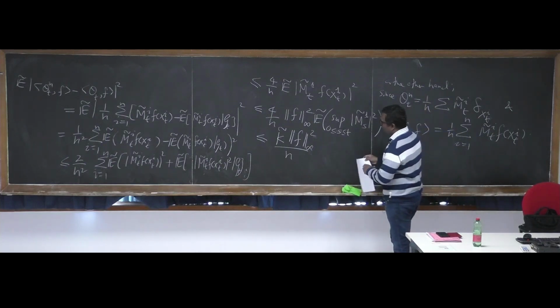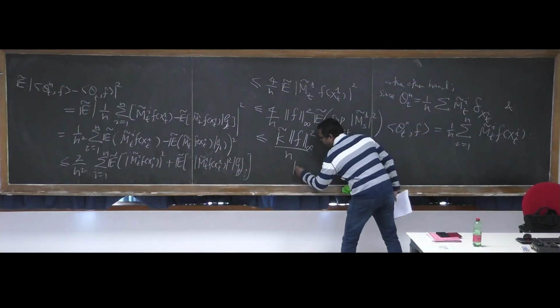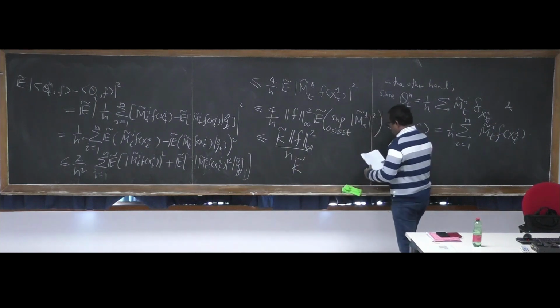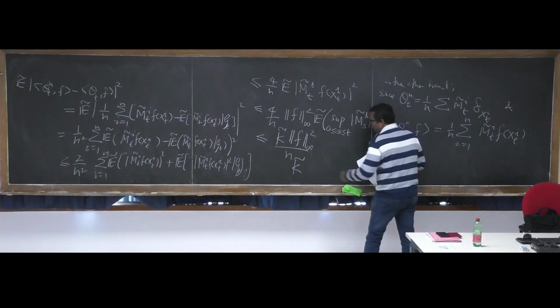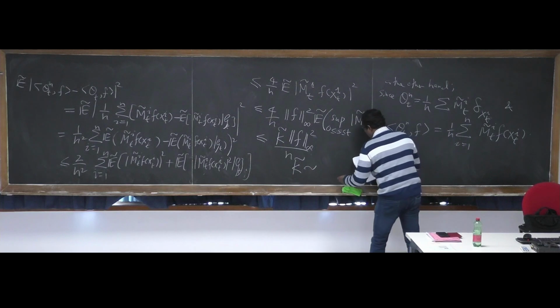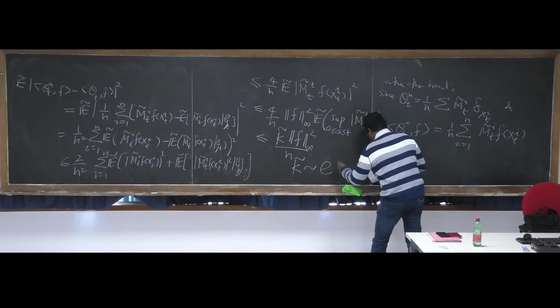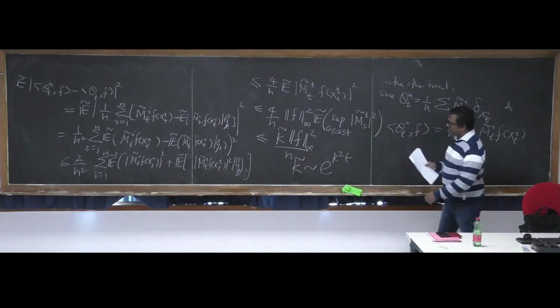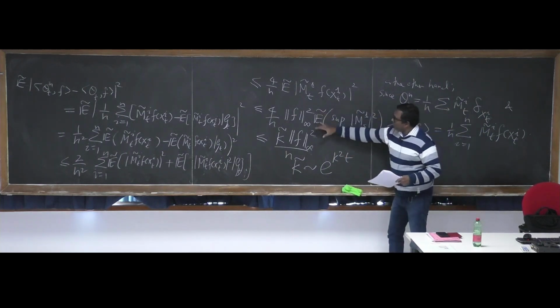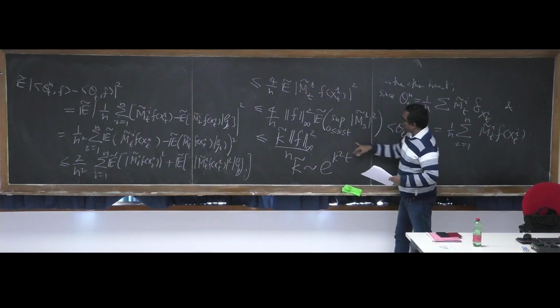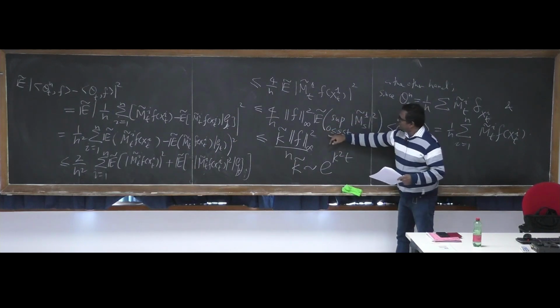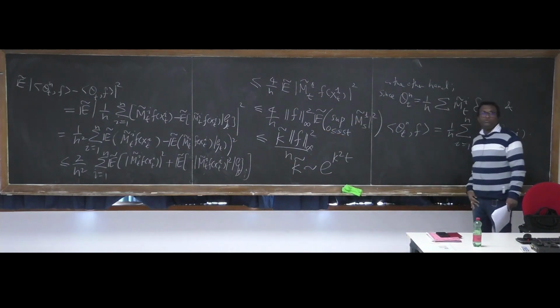You have to keep in mind that this k tilde is actually a constant which behaves like an exponential in k squared t, because we have an exponential bound for this term in Proposition 4.2 that we proved.